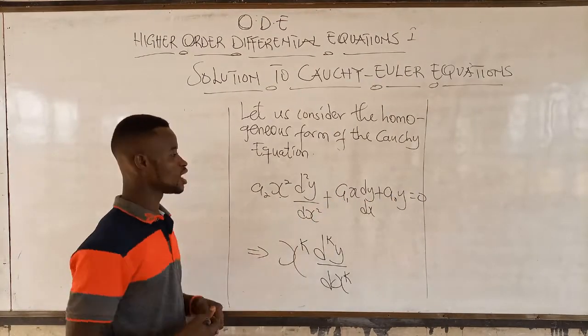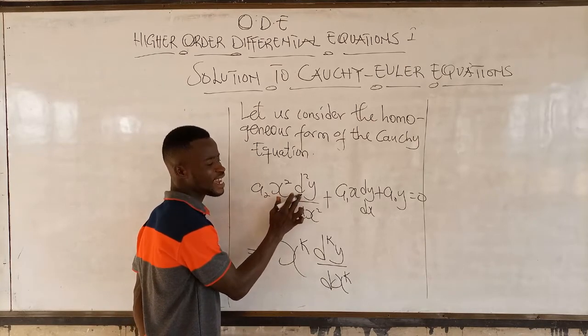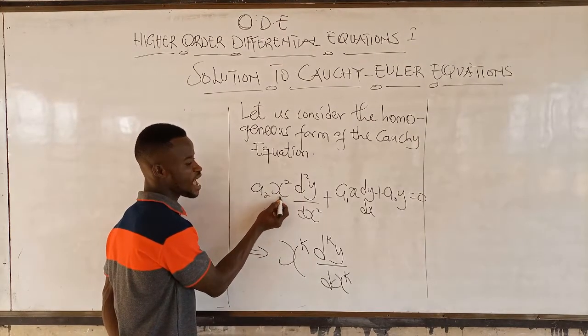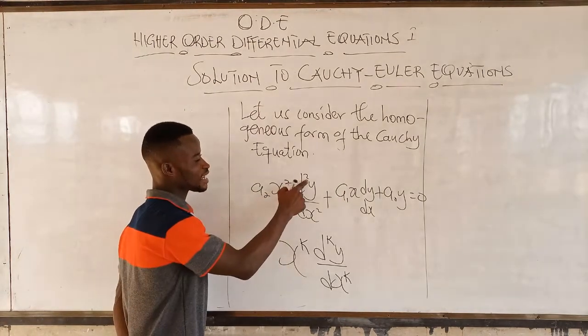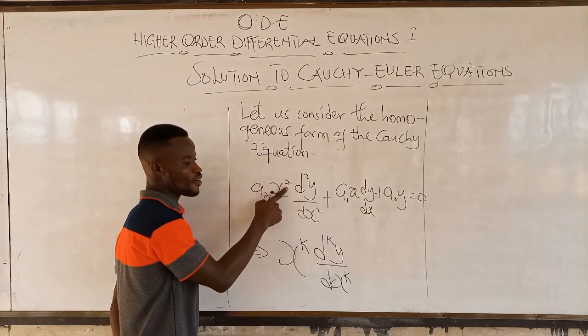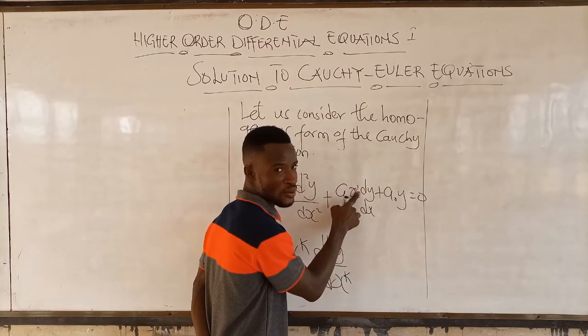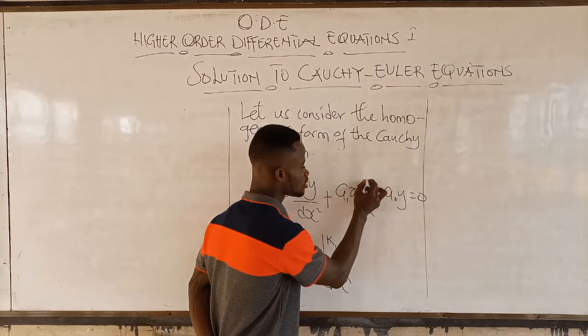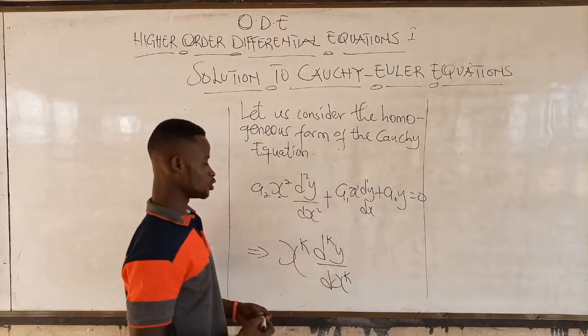This is a second order, and the variable here, which is x, is of power 2. Second order, power 2. Here, power 1. Here, power 1. Here, power 0.